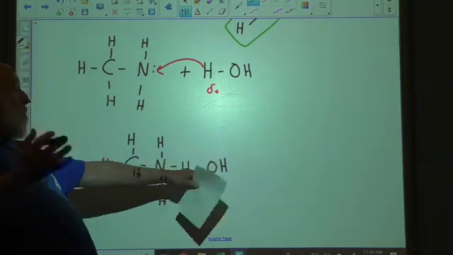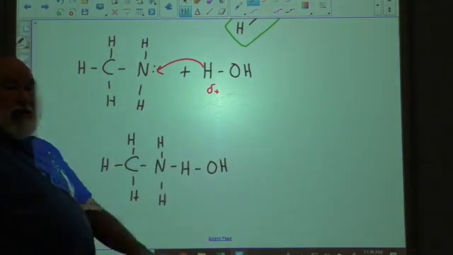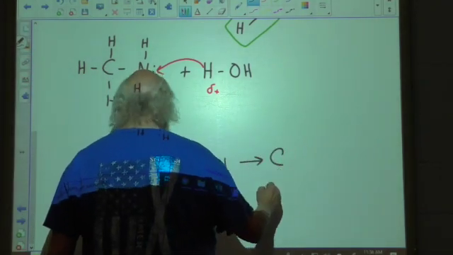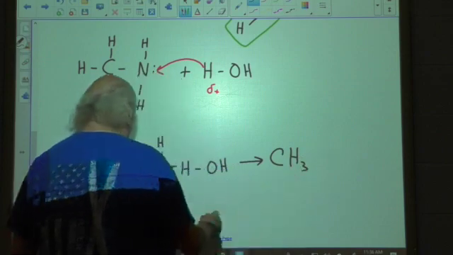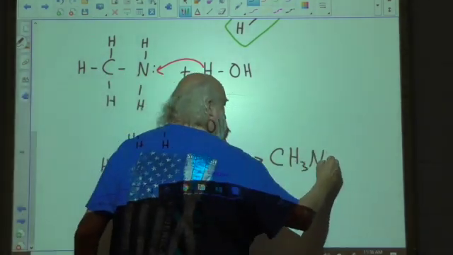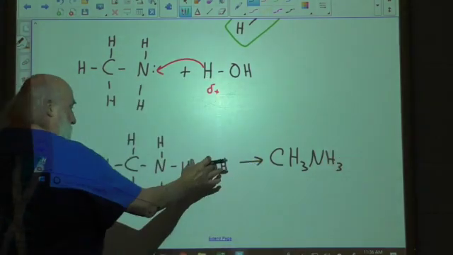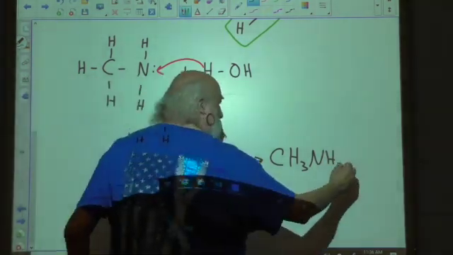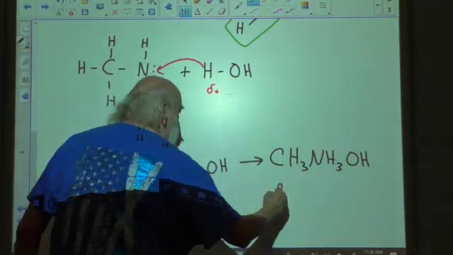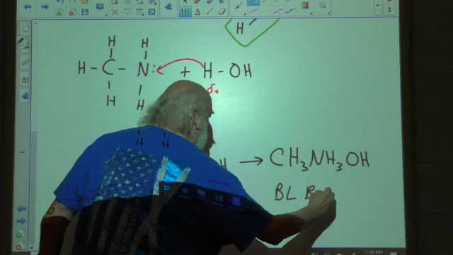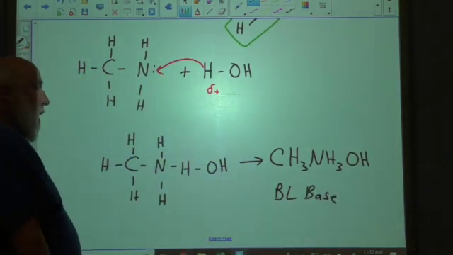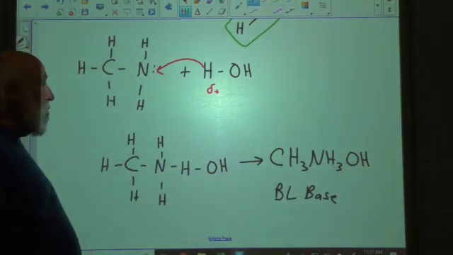And now, look, there's an OH on the end of this thing. This is now a base. So we can rewrite this as CH3 for this part, this part has NH3, and then we have an OH stuck to that third hydrogen. And there is your Bronsted-Lowry base, or your organic base.